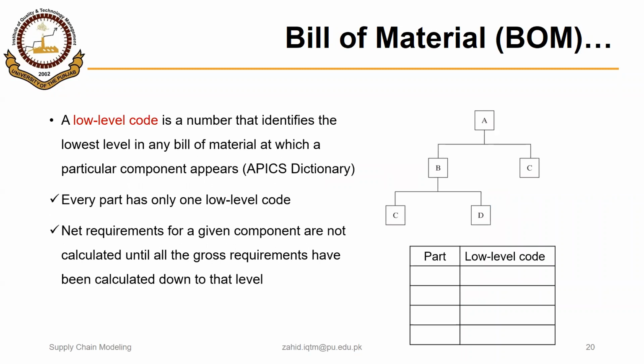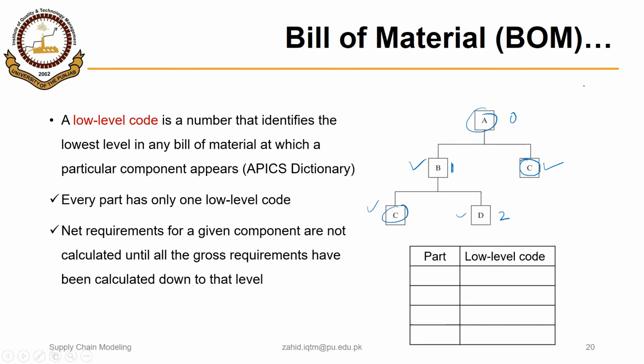So let's once again discuss the low level code. You can see that A is the end item. It comprises two sub-assemblies, B and C, and B comprises C and D. So you can see that C is appearing here as well as here. We have a low level code of 0 for A, 1 for B, and 2 for D. But what about C? Will C have a low level code of 1 or 2?